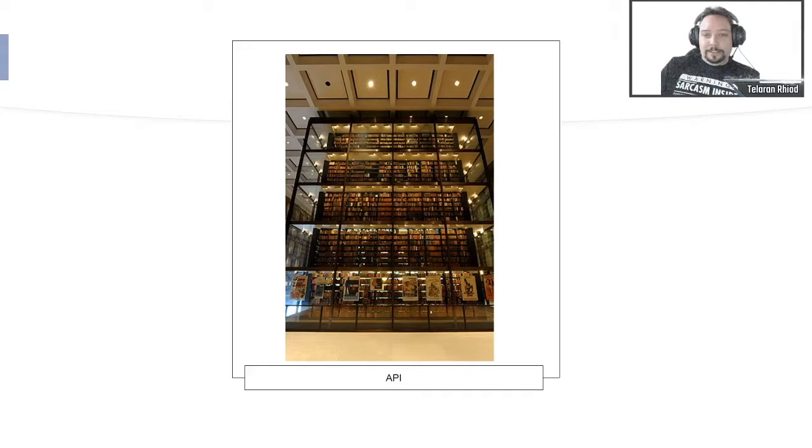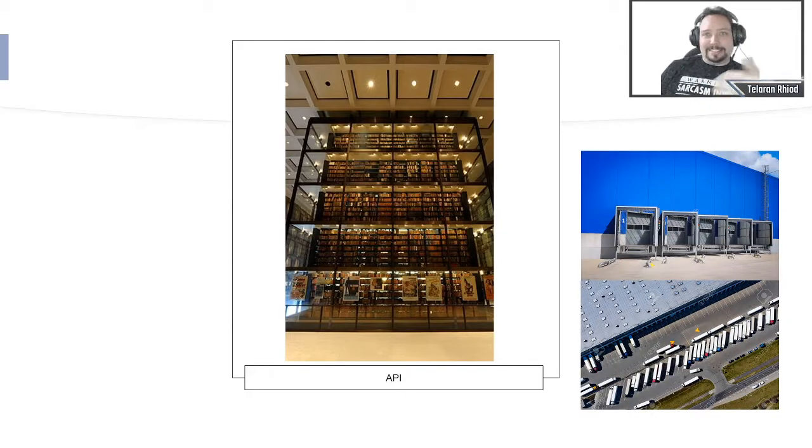So you can also imagine, and that's the second part, this API which is written there. Somehow the books from the big storage have to go to the local library. And that's where the ramps come in, the transportation, the logistics. So you can imagine the APIs are kind of ramps.